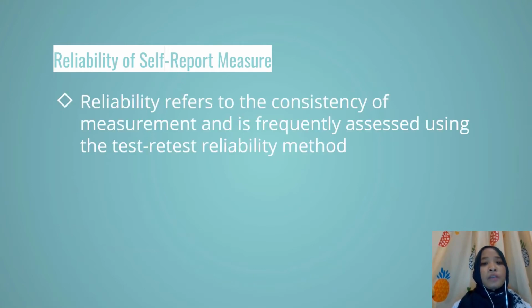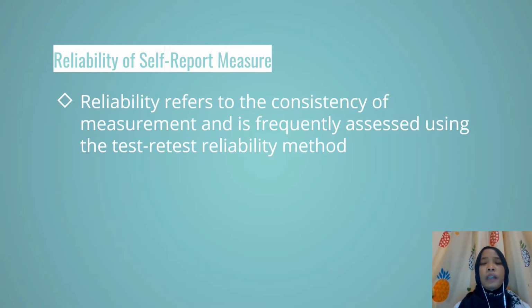Reliability refers to the consistency of measurement and is frequently assessed using the test-retest reliability method. So the keyword of reliability is consistency. You would want to get the same response to the same questionnaires in any setting.